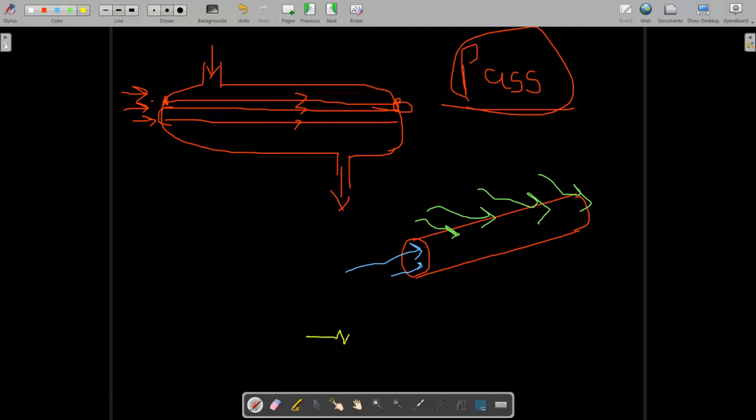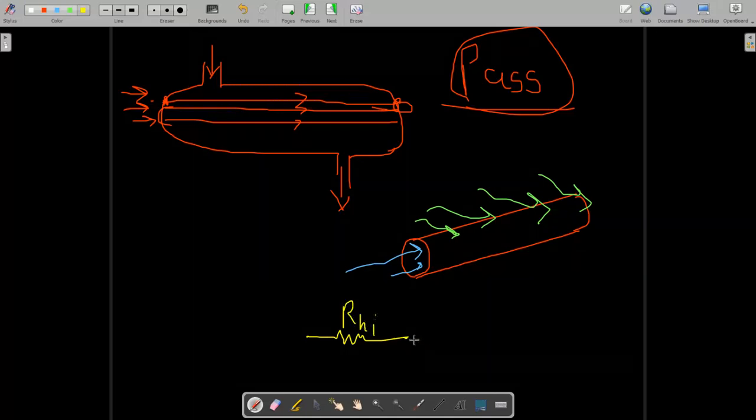When we draw the resistance circuit, first is the convection resistance inside, then the material of the pipe gives some conduction resistance. Then fluid is flowing outside the tube also, so there is a convection resistance on the outside too. These three resistances are in series. Hope this is clear.